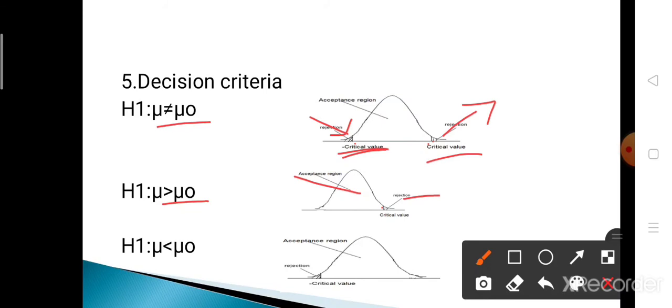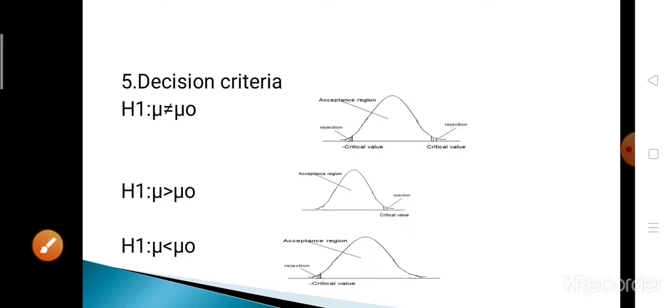And if the test is a one-sided left test, then only one rejection region is there, on the left side, and the point is minus critical value, that is minus table value. If your test statistic value is less than minus table value or minus critical value, then we reject H0, otherwise we accept H0. Let's see one example.